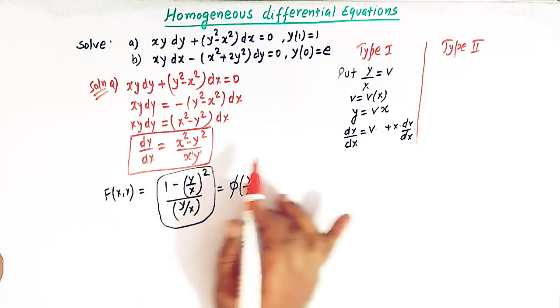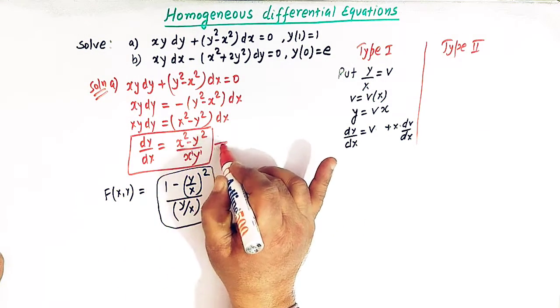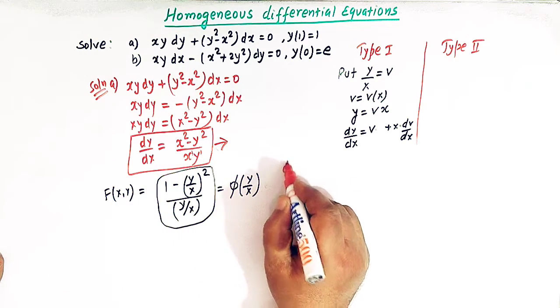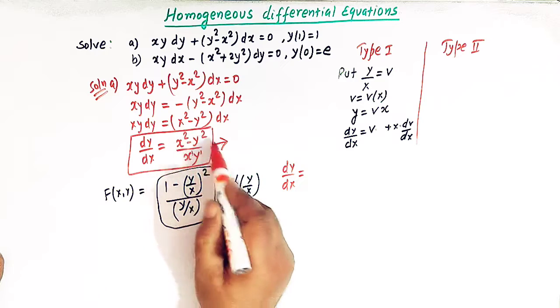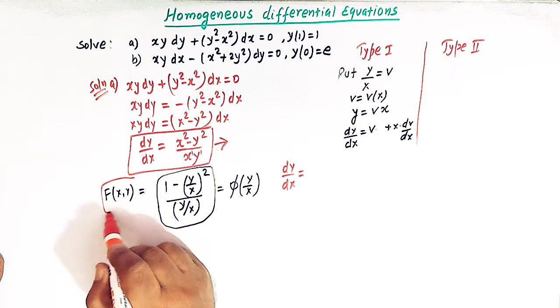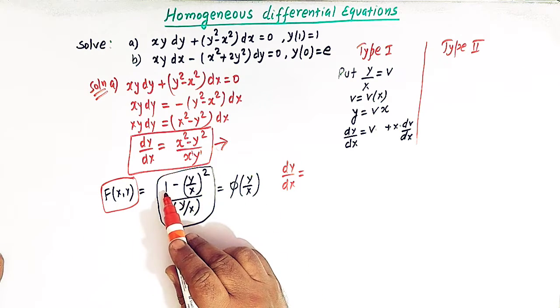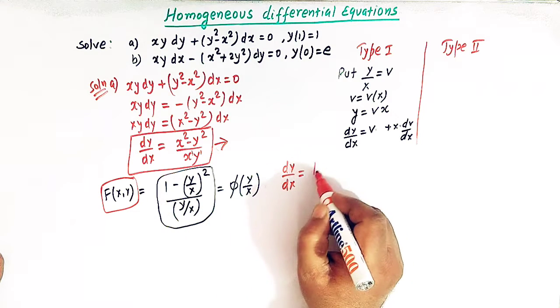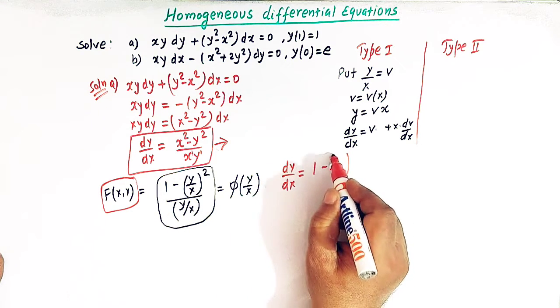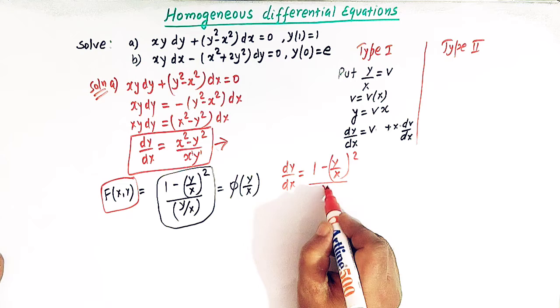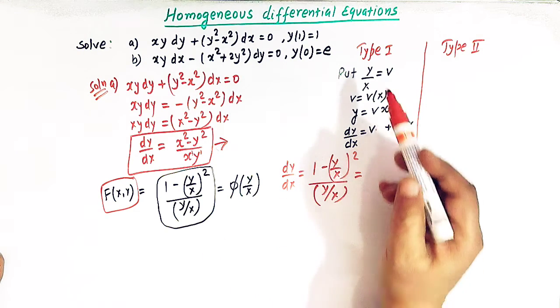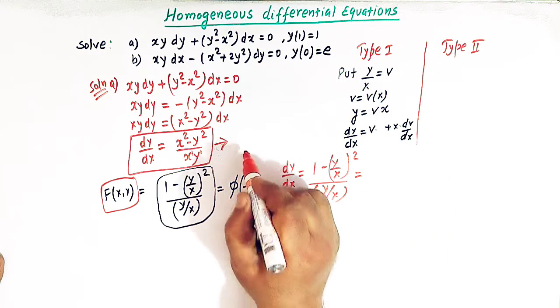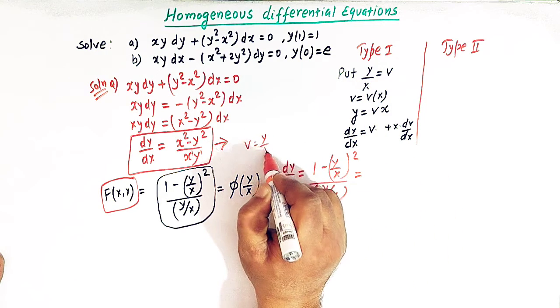So now we'll return to this expression. So we have dy over dx, and here this expression is equal to f of x comma y, which is 1 minus y over x square, and here we have y over x, right? So now we can take v is equal to y over x.